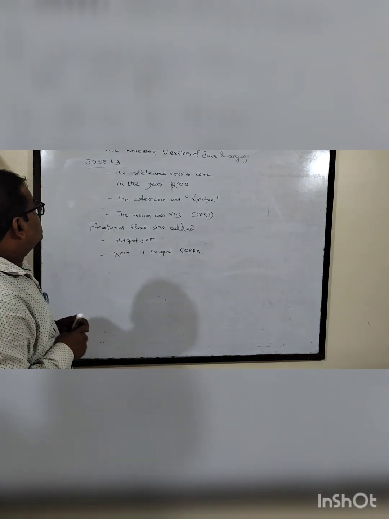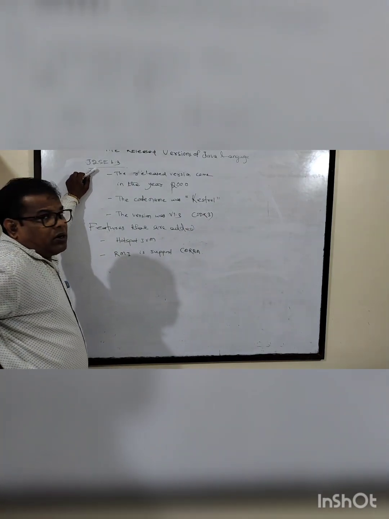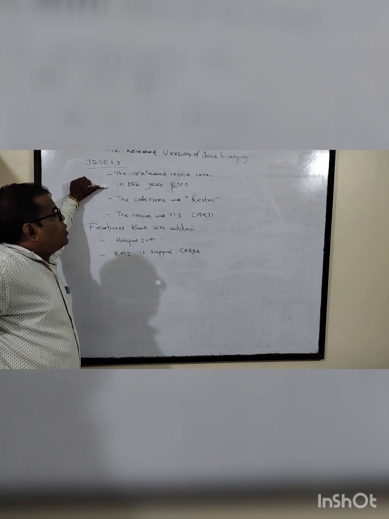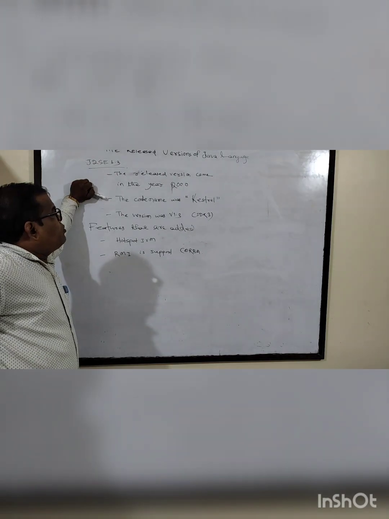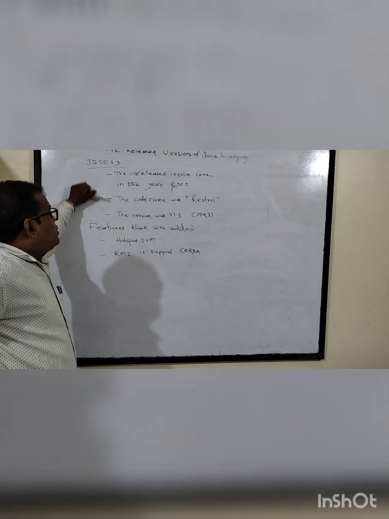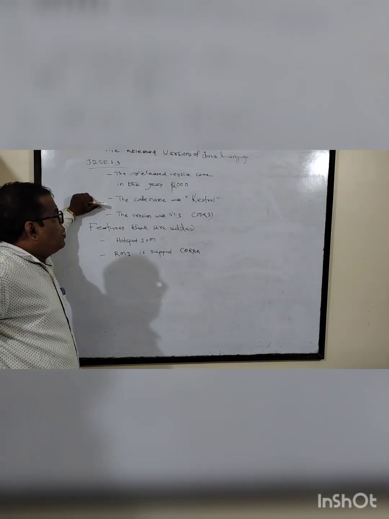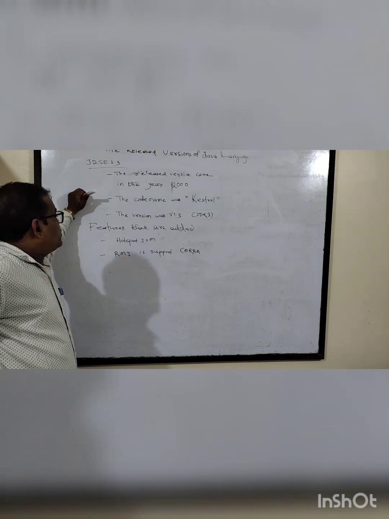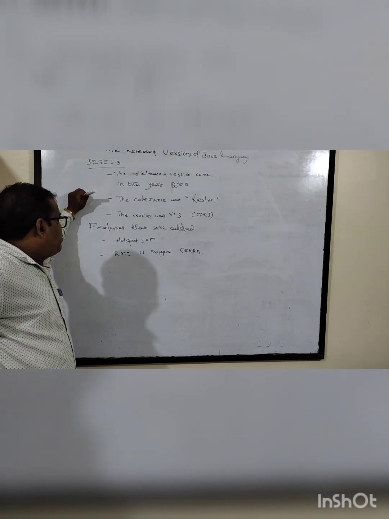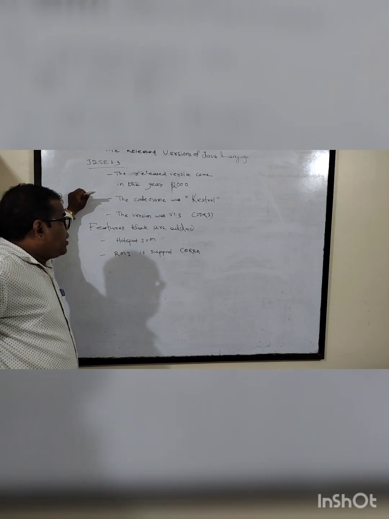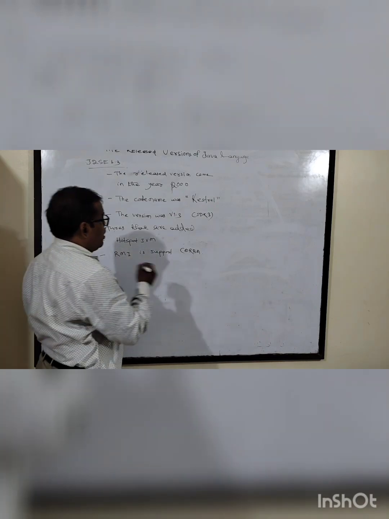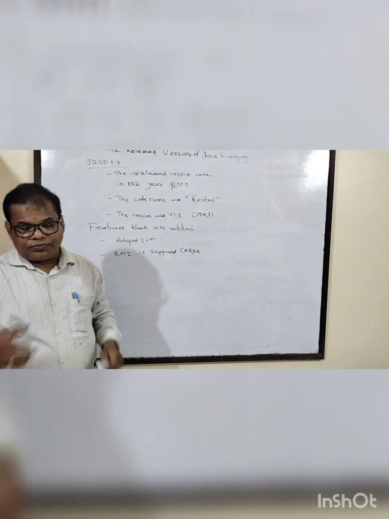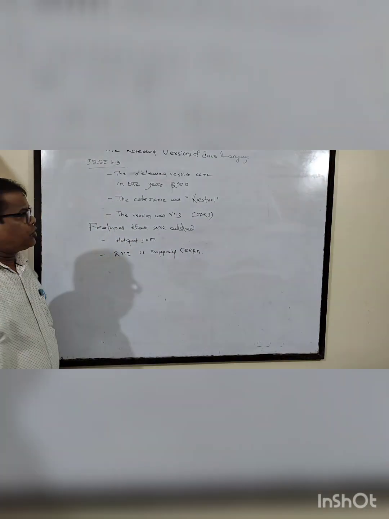This is Java 2 Standard Edition 1.3. The release version came in the year 2000, the code name was Kestrel, and the version was 1.3. It will be called JDK 3 also. And the features added here: HotSpot JVM, RMI, CORBA supported. So these are many changes.